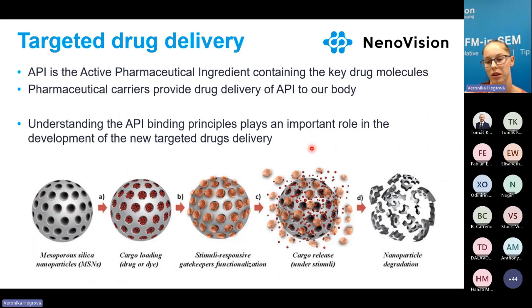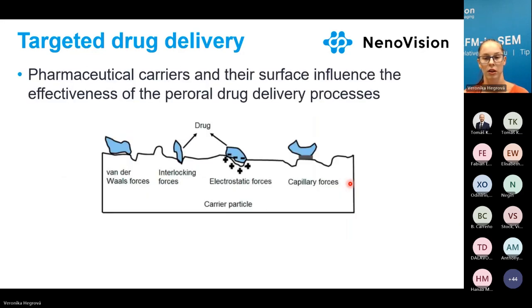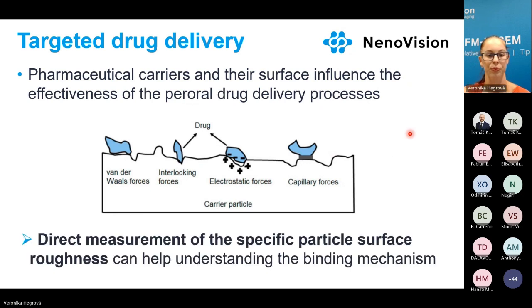So that's why we need to understand the roughness of the particle at the beginning, but also the roughness after the treatment, when the active ingredient is attached. So we measured different powder particles, and we watched how the active ingredient attaches to the surface. And we could measure it directly because we have the AFM inside the SEM.